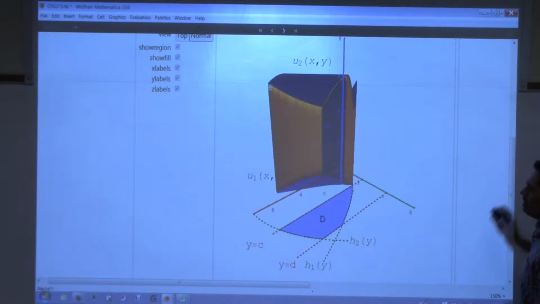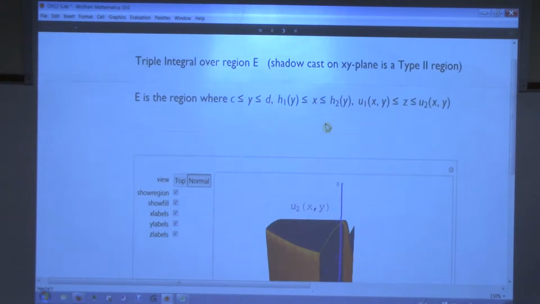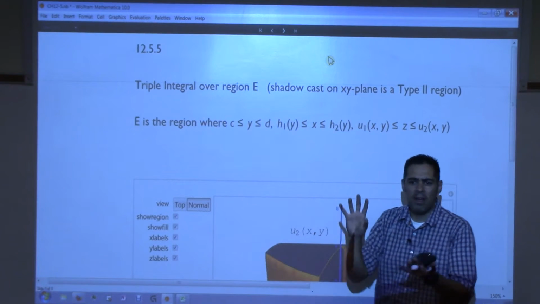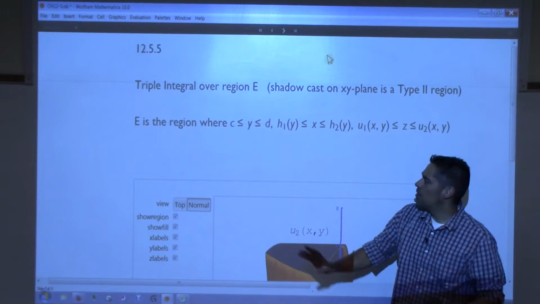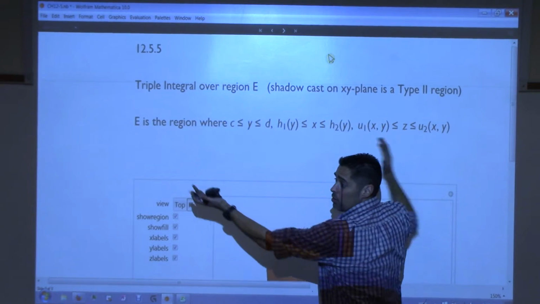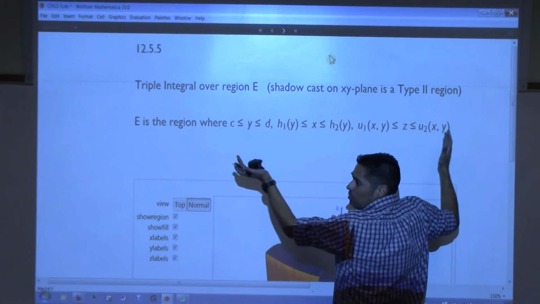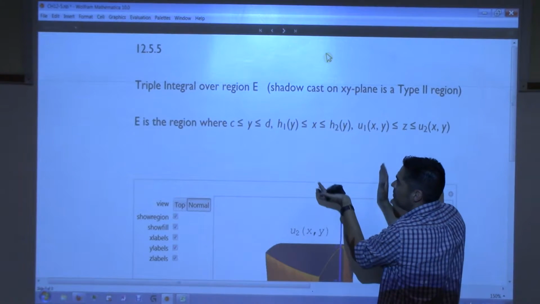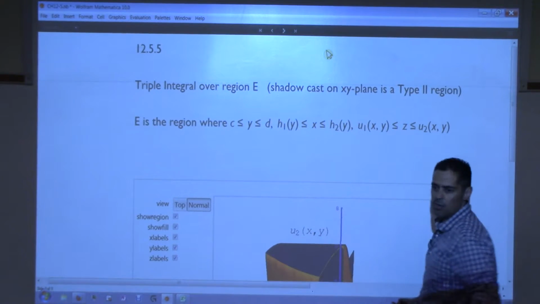So the only difference in the actual integral is that your x's and y's switch places. Your y's are going to be the outer integral, and then the middle integral will be the x, and your inside integral will still be the z.